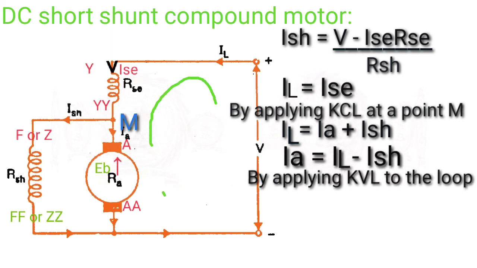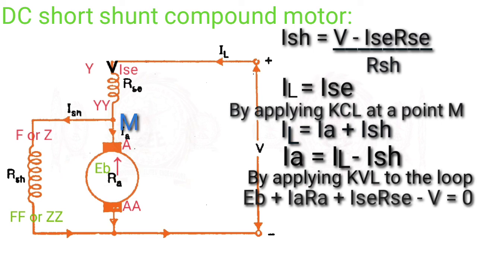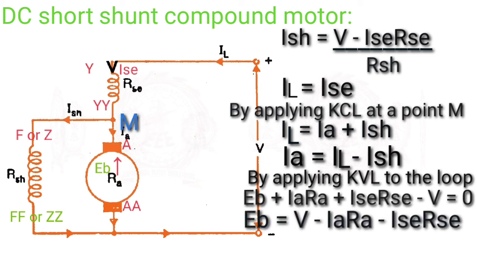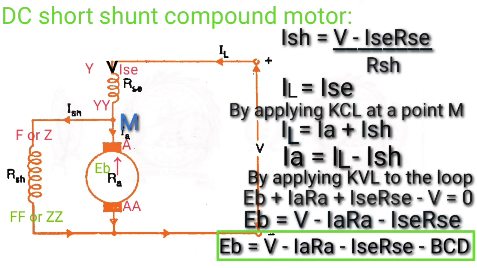By applying KVL to this loop, we get EB plus IA RA plus ISC RSC minus V is equal to 0. So EB is equal to V minus IA RA minus ISC RSC. Finally, EB is equal to V minus IA RA minus ISC RSC minus BCD.